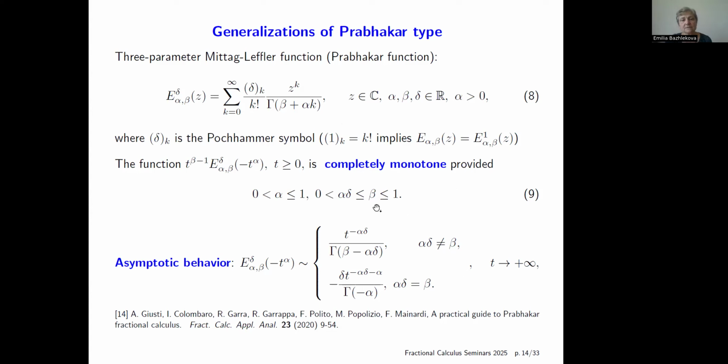Then this function of Prabhakar type is completely monotone. We will generalize this result. And the asymptotic behavior of this function, both the results are useful in applications, and they can be found in the review paper 14.